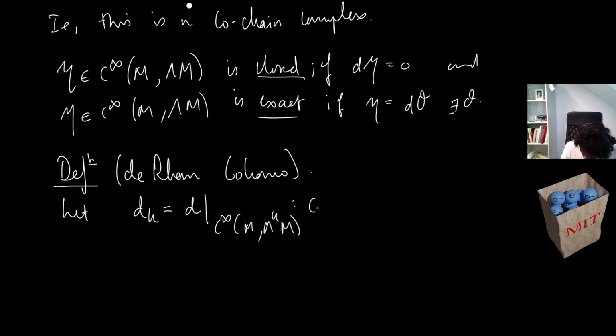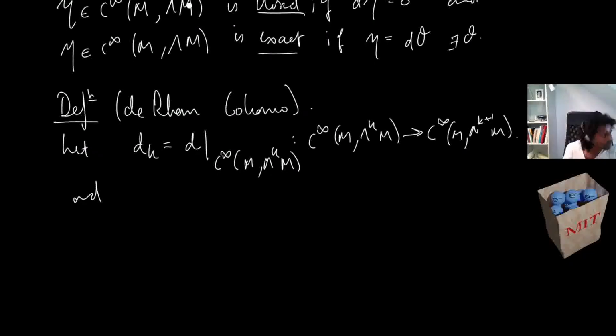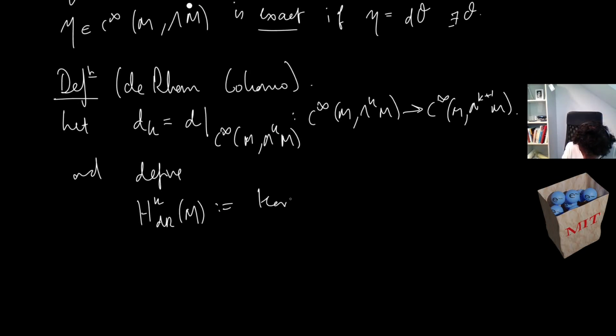So this is a map now from k-forms to k plus 1 forms. And define this to be the kernel of d_k, mod out the image of d_{k-1}.